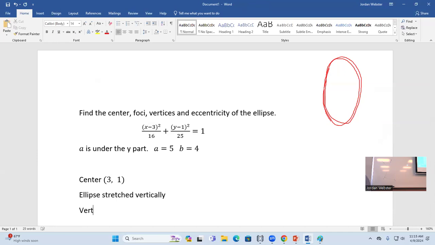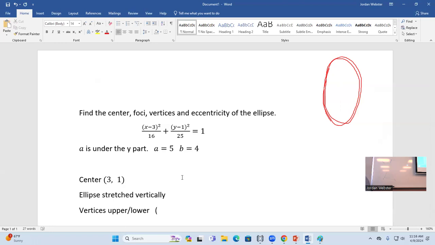So that means the vertices we can find by adding 5 to the Y value of the center and subtracting 5 from the Y value.